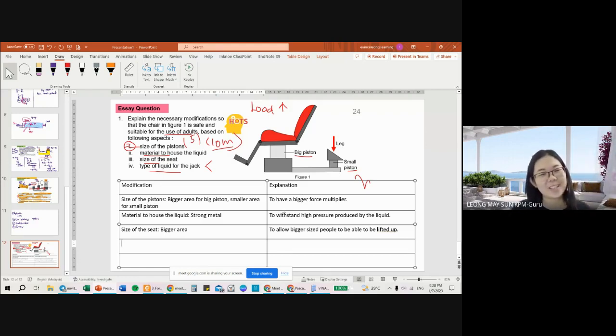All right, next is the type of the liquid for the jack. Now, remember hydraulic fluid, there are 4 options. High boiling point cannot be used over here, mainly because this has nothing to do with heat. So what we can say is type of liquid.